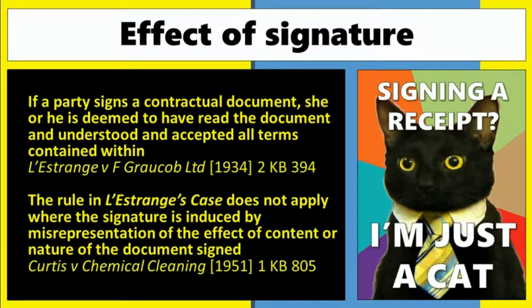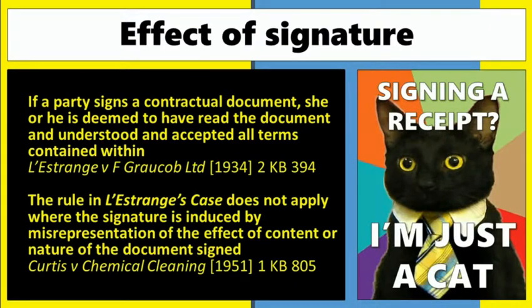I guess famous or infamous in some way, because there, the court in Lestrange and F. Grey Cub Limited said, where you sign a document, you at law are deemed to have both read it, understood it, and accepted all terms contained in that document.